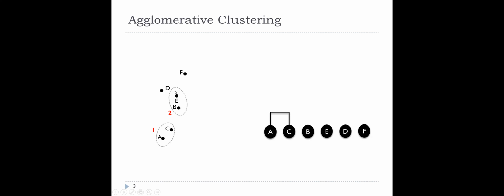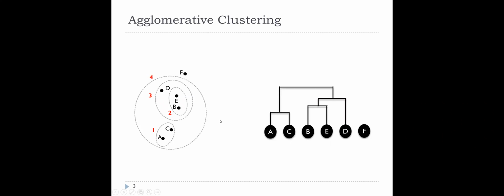Then the second cluster, B and D, is formed. You continue to merge AC with BD, and then you add F. So now you have only one cluster.